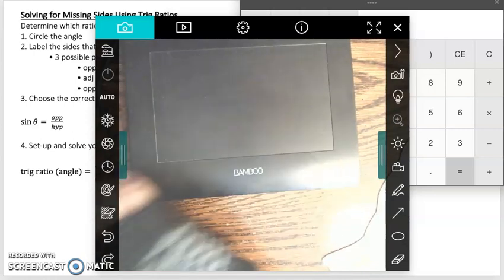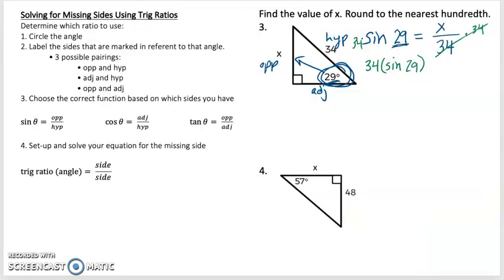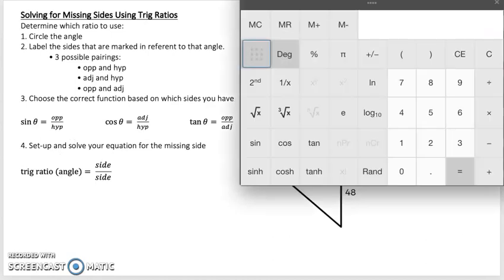So in order to get the correct answers, you do need to make sure your calculator is set up to be using degrees. So now that we've got it that way, let's go ahead and use our online calculator to do this. We need to do 34 times the sine of 29 degrees.